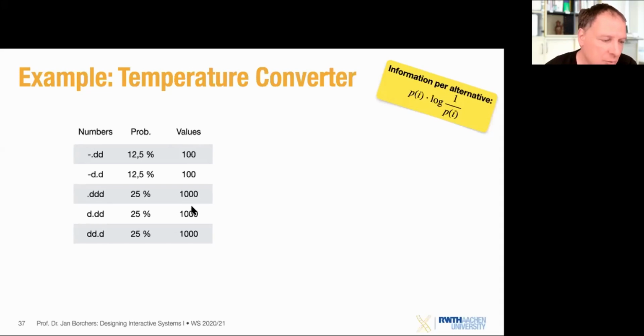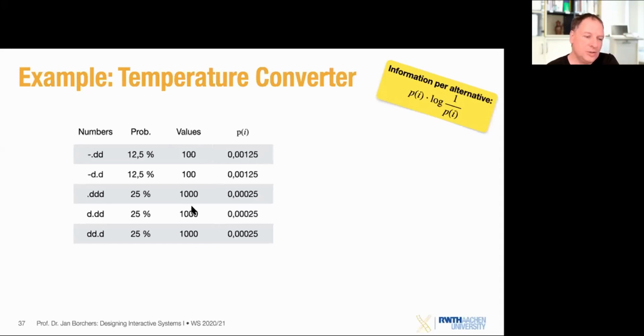Now, next up, we can say, what then is the likelihood of these to appear? Well, we know that already because we have 12.5% probability of this overall distributed over 100 values, which gives me a likelihood of 0.00125. Same thing here with these ones.